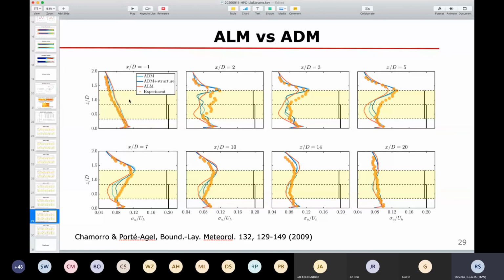And we also compare to actuator line model simulations that for these turbulence intensities give similar results as the actuator disk model, but still agree well with the experimental measurements.